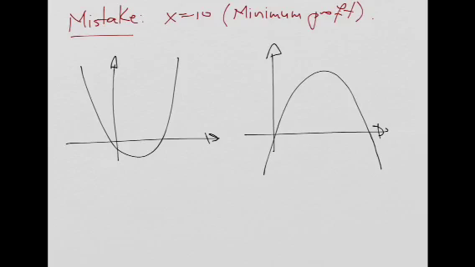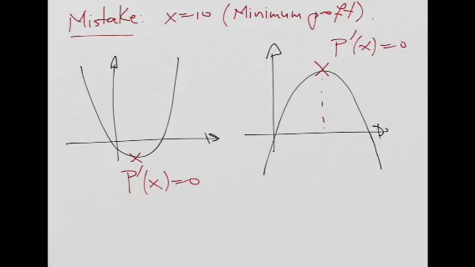For both of them, the coordinate of the vertex is found by, let's say we're talking about profit, this is where p prime of x equals 0. So yes, by setting the profit derivative equal to 0, I do get the coordinate of the maximum or the minimum.